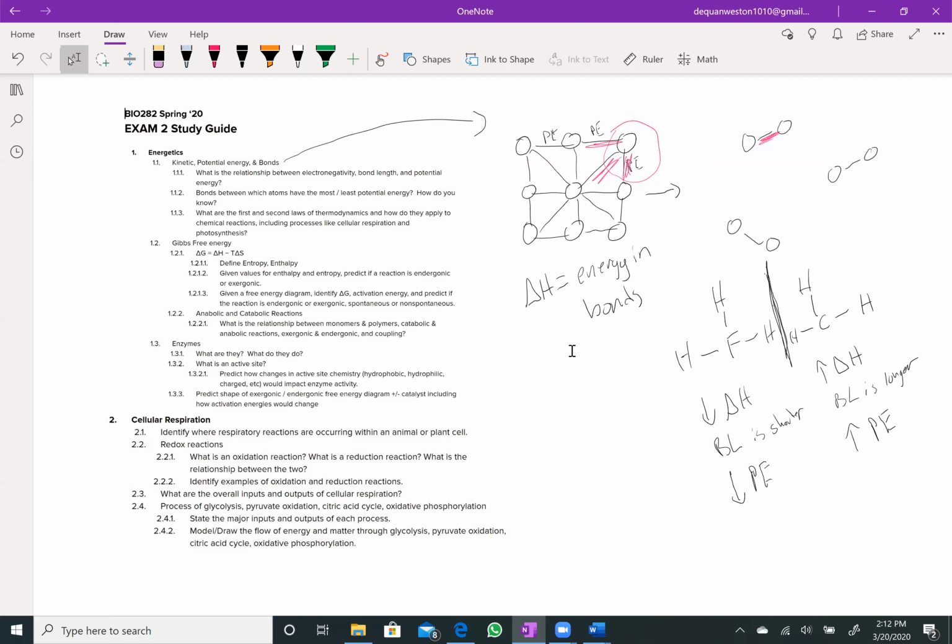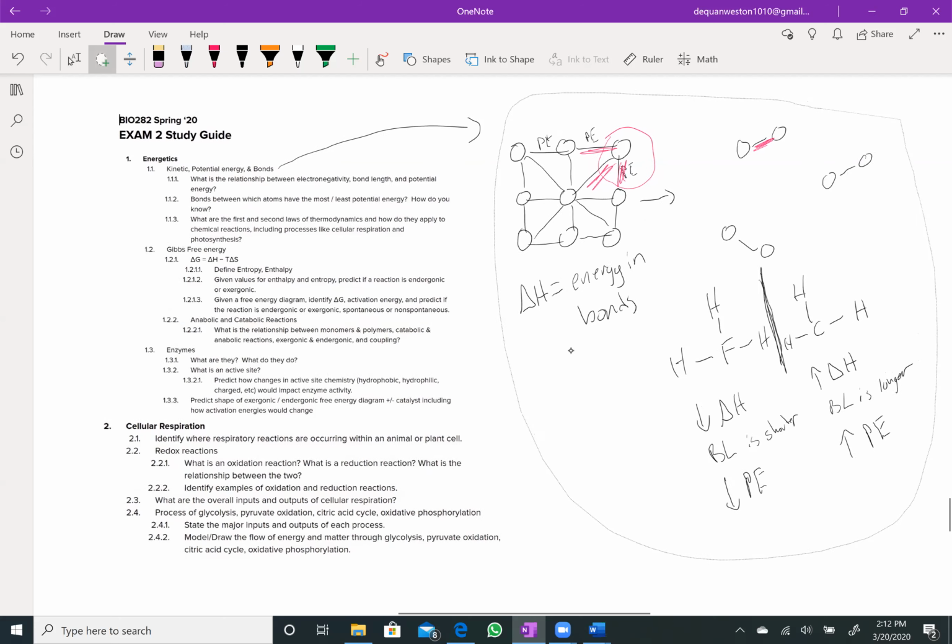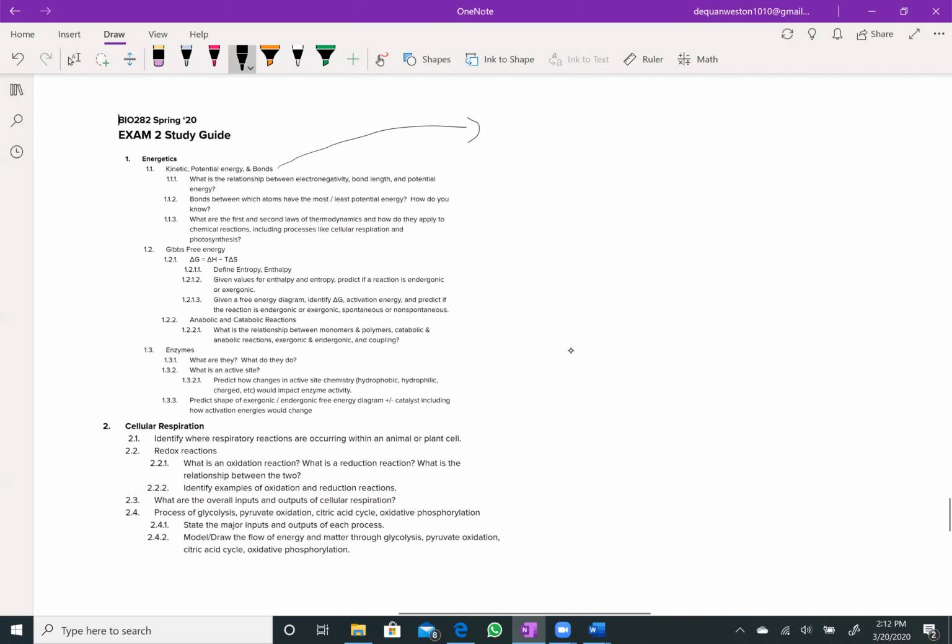Cool. Is everybody good to move on to 1.2? Cool. So going over Gibbs free energy, this is basically an equation that helps us determine if things happen spontaneously or not, and at what temperature. So when I was taking biochem, I made this little table that I feel like helps me the most.